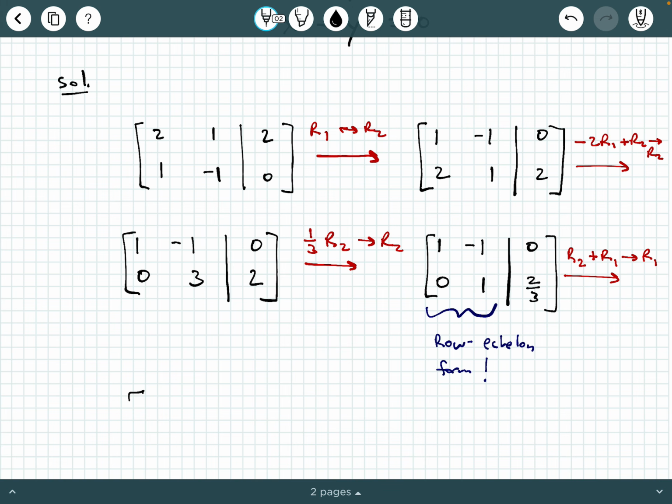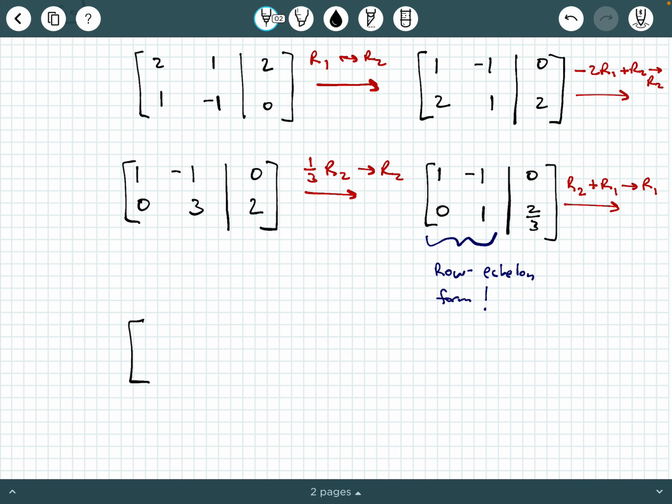So let's open up a new matrix. Now, at this step, are we actually changing row 2? No, we are not. So we are going to repeat the entries of row 2 at this stage. We are not actually changing row 2 here. We are using row 2 to change row 1.